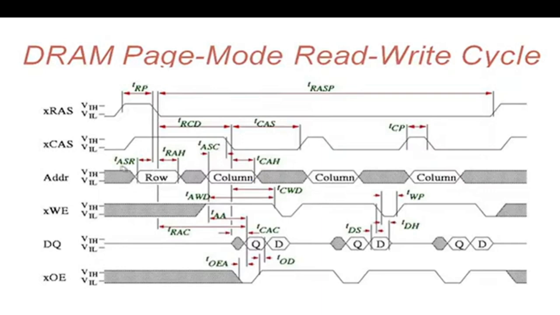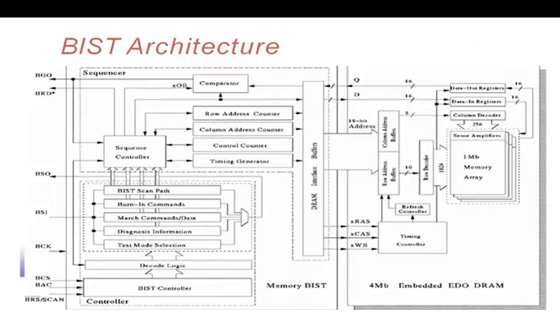DRAM page mode read and write, you can observe that wherever this is 0, we have the Q. The BIST architecture, you can see here, is a detailed BIST architecture.